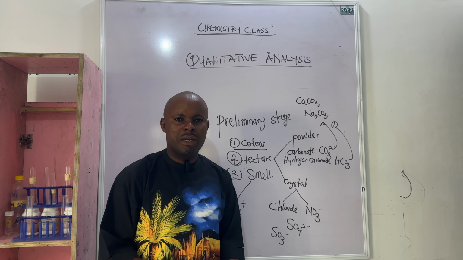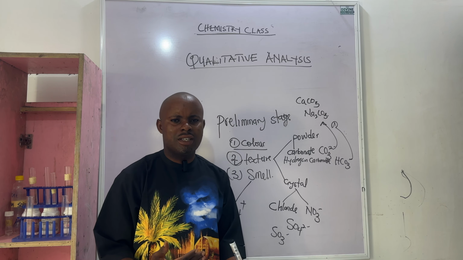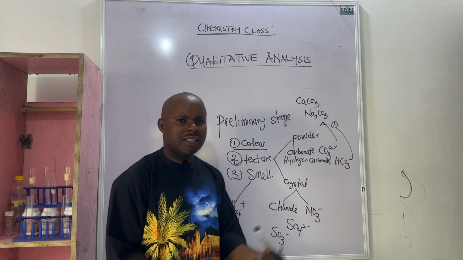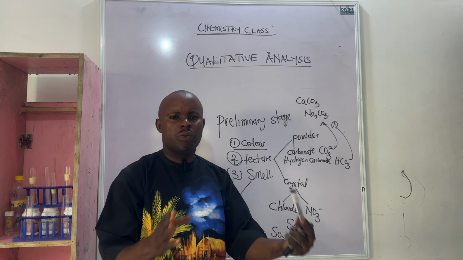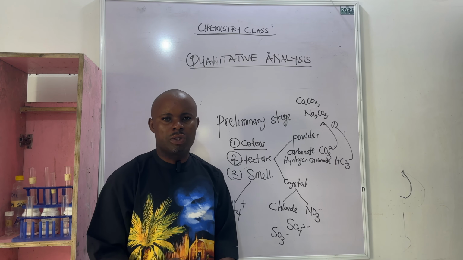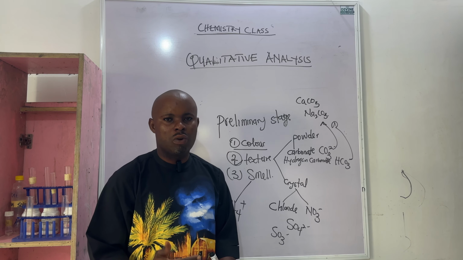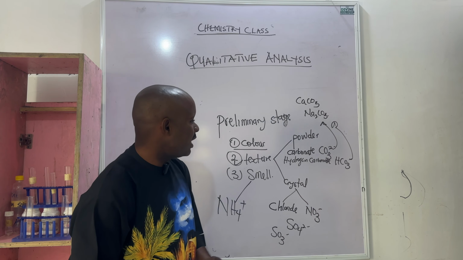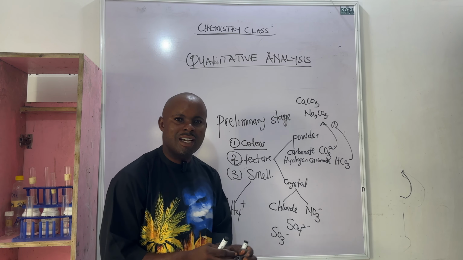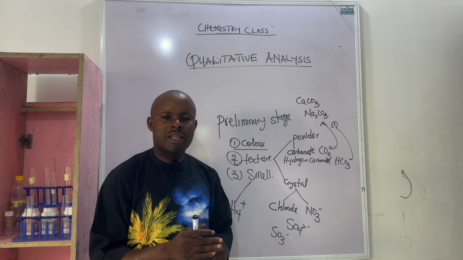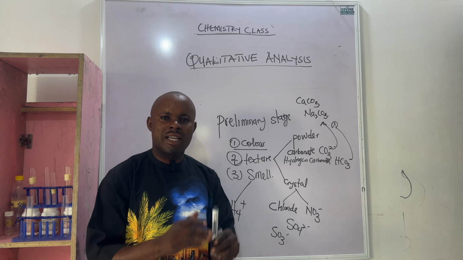So you have the major characteristics of what to do. After this step, you can carry on with your identification. But for the sake of your examination, there are steps you can go through. One of the steps in qualitative analysis is that you must ensure that each salt given to you is identified.